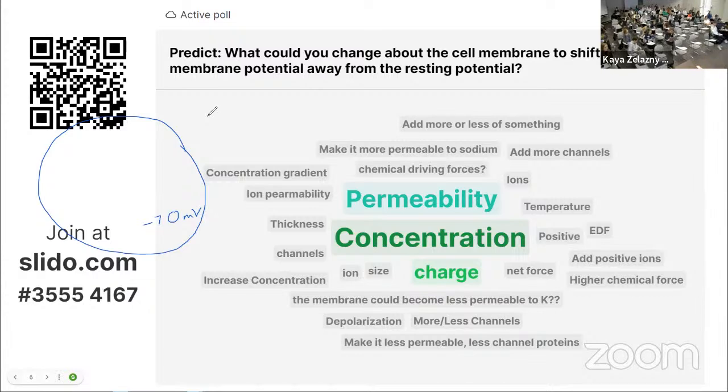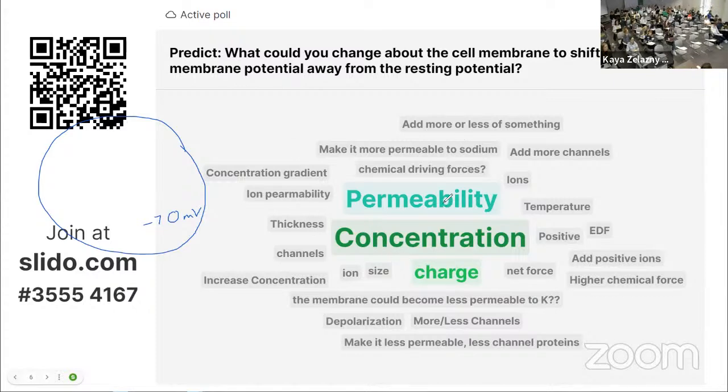So that force for sodium to move wouldn't be as strong, which might drop us lower, closer to our potassium equilibrium potential. So if that sodium potassium pump stopped working, stopped maintaining those concentration gradients that are half of our electrochemical driving force, that would definitely shift our resting membrane potential.